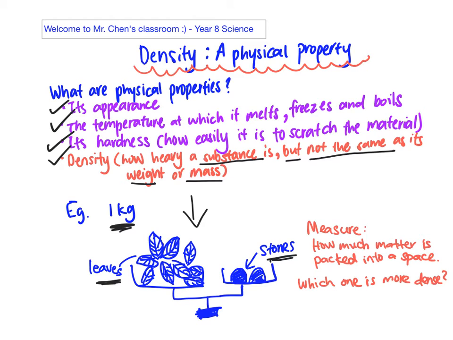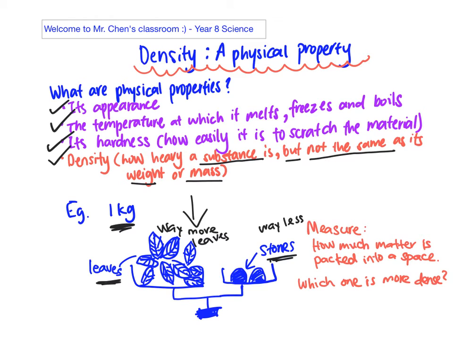If you pack 1 kilo of leaf on this scale, you will notice you need way more leaf to make up that 1 kilo. Compared to the stone, you probably only need a few stones to make up 1 kilo, which is way less. So that tells you straight away the stone is a lot more packed than the leaf. That's why it is a lot denser than the leaf.